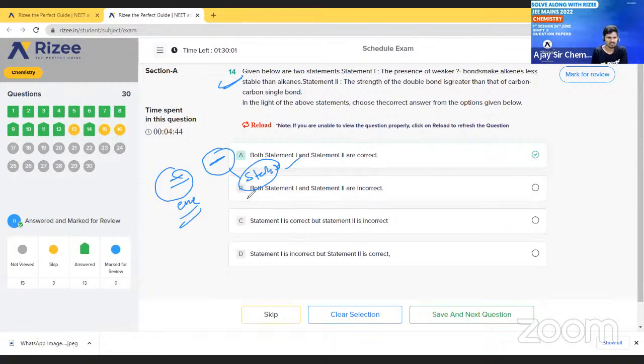Why is this stable? Because in an alkene one weaker pi bond is present. That's why alkenes are less stable individually. But in the second statement, the strength of the double bond is greater than the single bond, this is obviously correct. Triple bond is greater than double bond, which is greater than single bond.